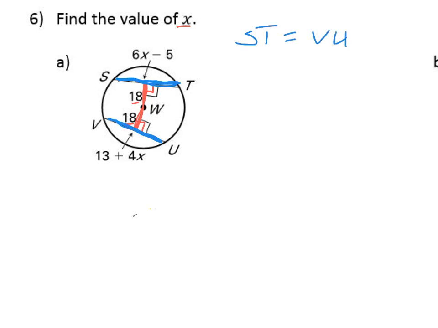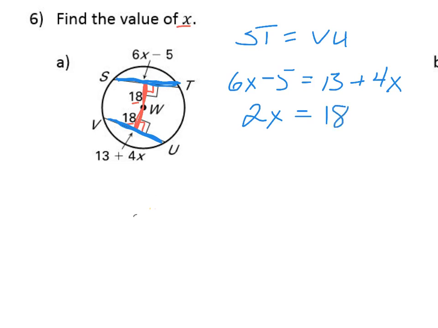Since they're equal, I'm going to take their two expressions, 6x minus 5 and 13 plus 4x, set them equal to each other. So we end up with 2x equals 18, so x equals 9.